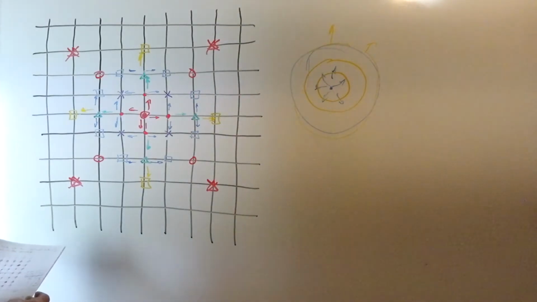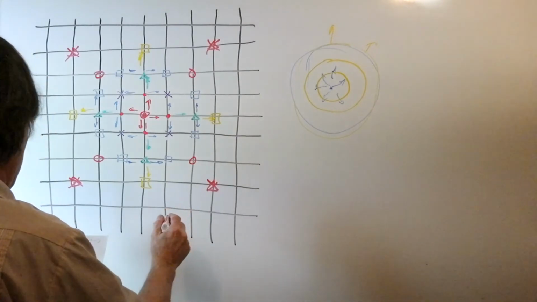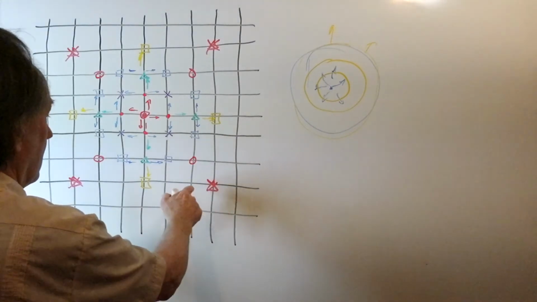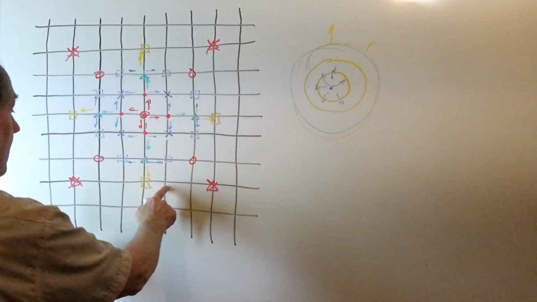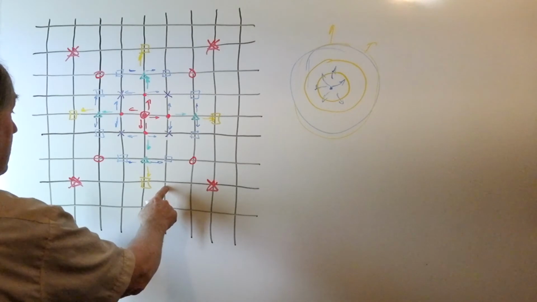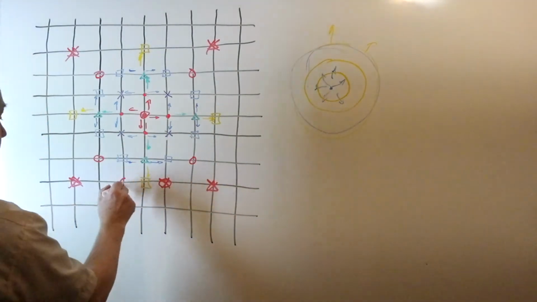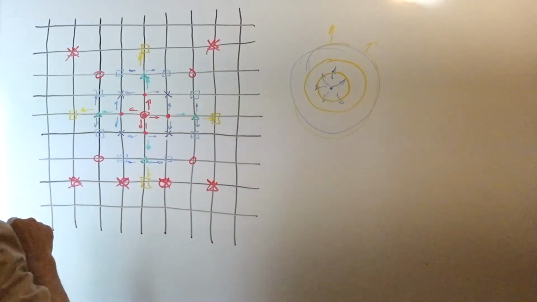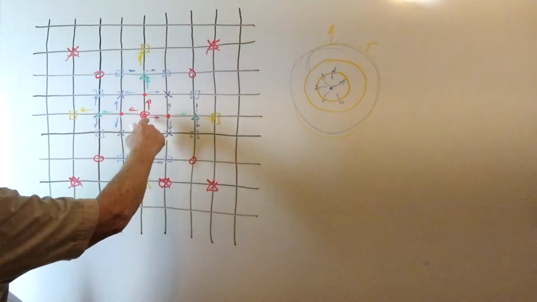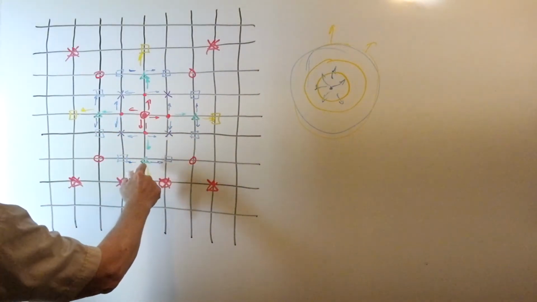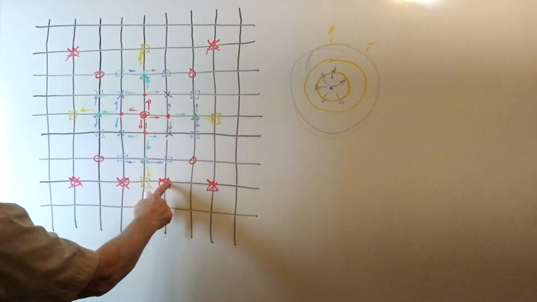And then we'll have, say, at this point, well, let's go to this next one over. Let's call this a circle with an X. So we go 1, 2, 3, 1 over. So that will have the same potential. 1, 2, 3 down, 1 over horizontally.